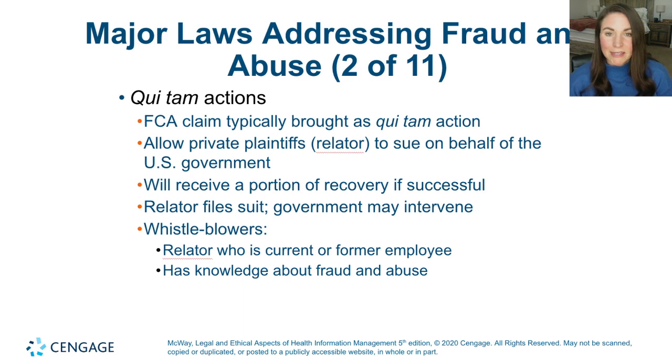The government can intervene if they decide to, or take over the lawsuit, or even join in with the realtor. But typically, the realtor is like a current or former employee of the doctor or the organization that finds out about the fraud and abuse and wants to expose it. And they are called whistleblowers.